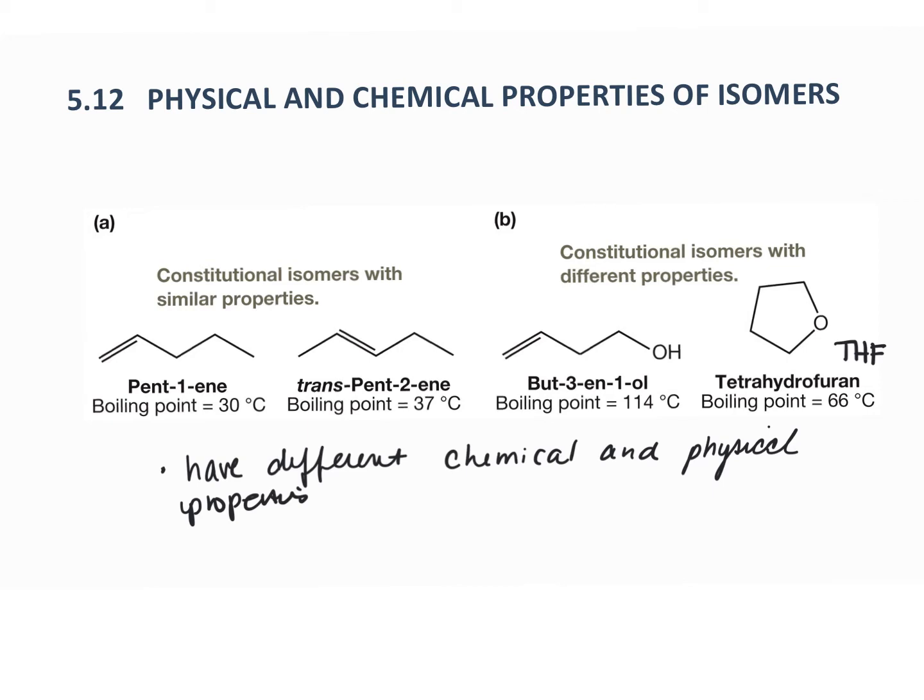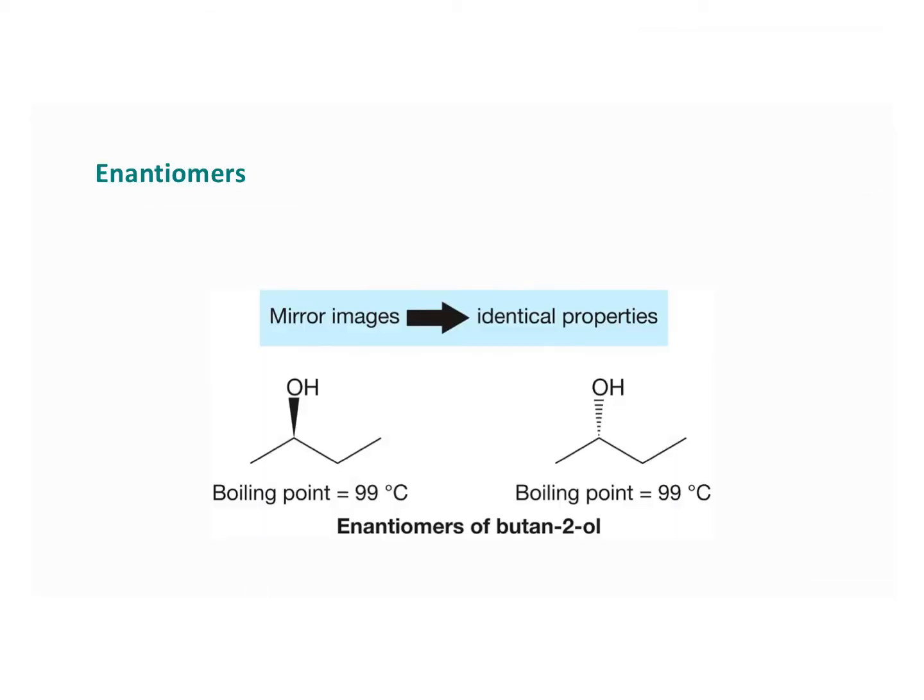Now, enantiomers are another isomer that we talked about, and enantiomers are mirror images, and so they're going to have the same connectivity and exactly the same polarity.